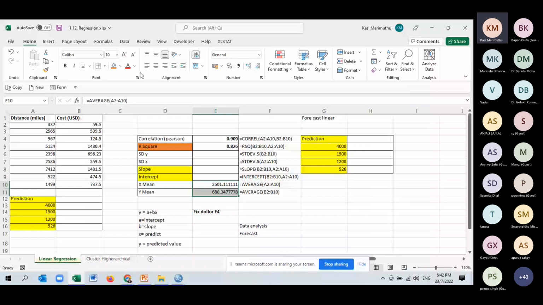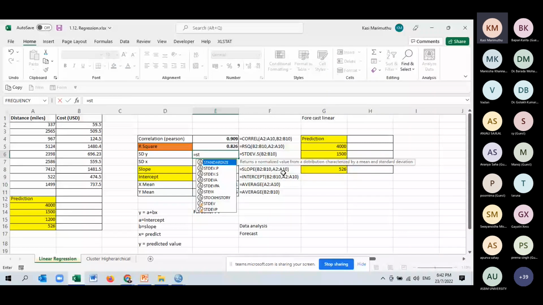Shall we calculate the standard deviation? Yes, sir. Standard deviation of x, standard deviation of y equal to STDEV.S. The syntax for STDEV.S. First one is standard deviation of y, this one. Close the bracket.